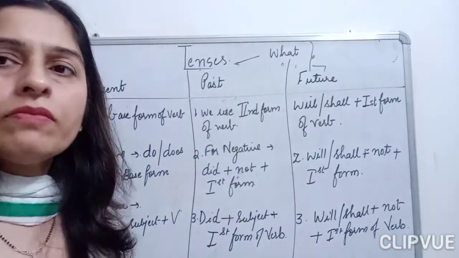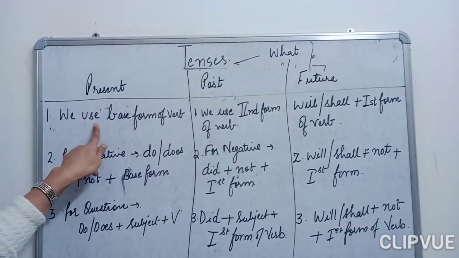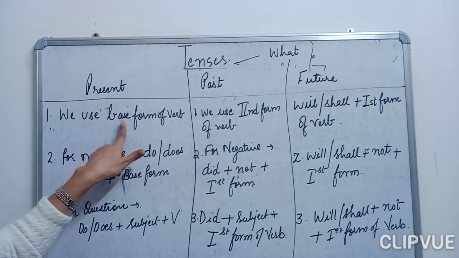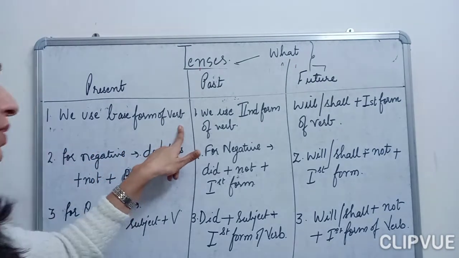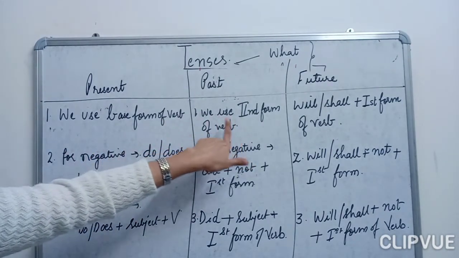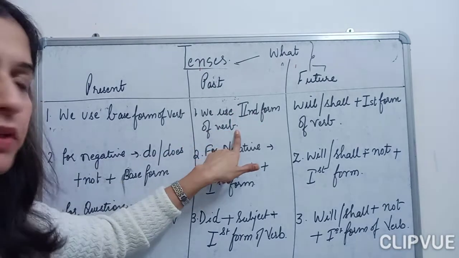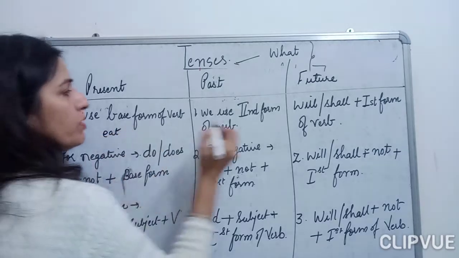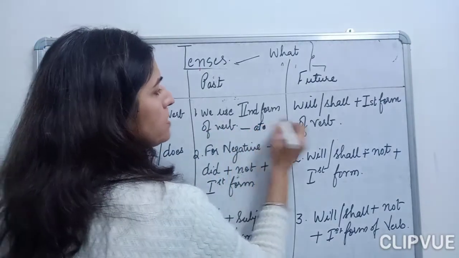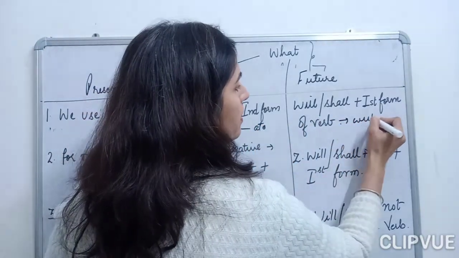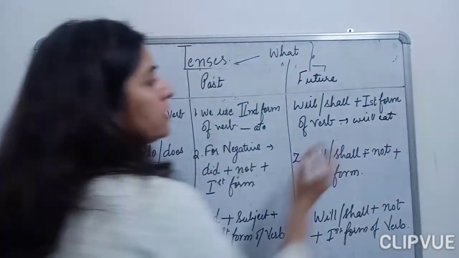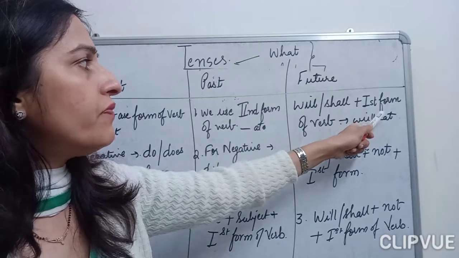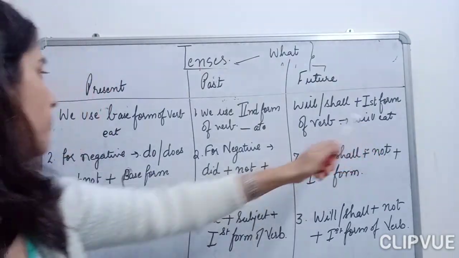In the present, past and the future, children, we use the base form of the verb. Okay. Here in the past, we use second form of the verb. Okay. Suppose if I have taken here eat, so it will be ate, and here it will be will eat. Okay. Will plus shall plus the first form of the verb.